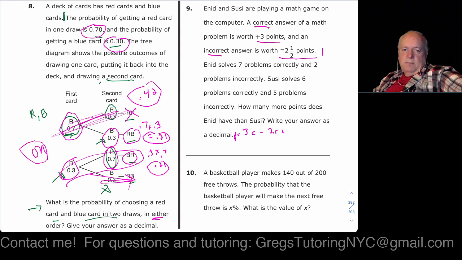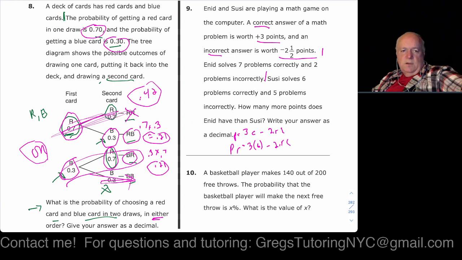All right, so let's see. Susie solves 6 problems correctly. So the points for Susie is going to be 3 times 6 minus 2.5, and she gets 5 problems wrong, times 5.